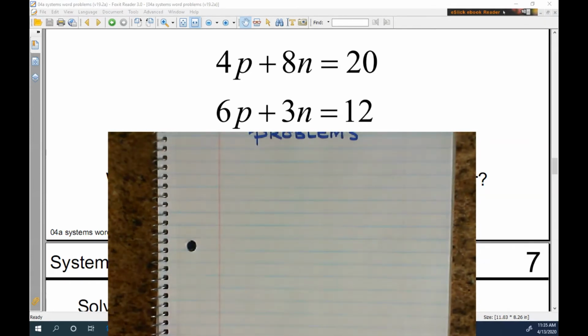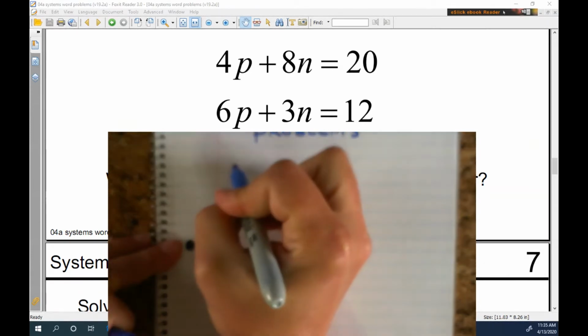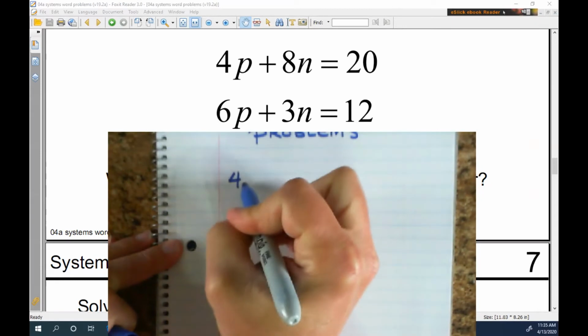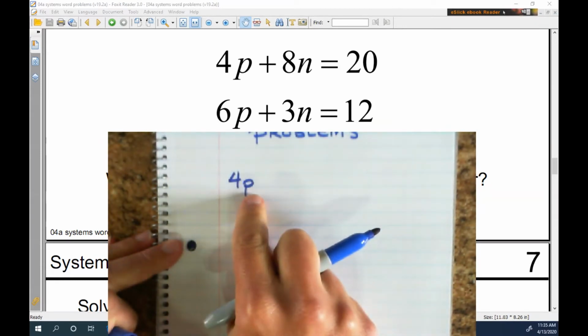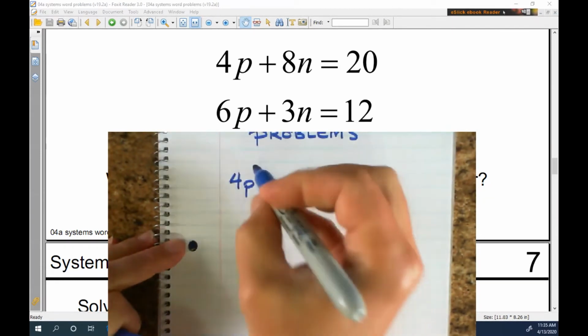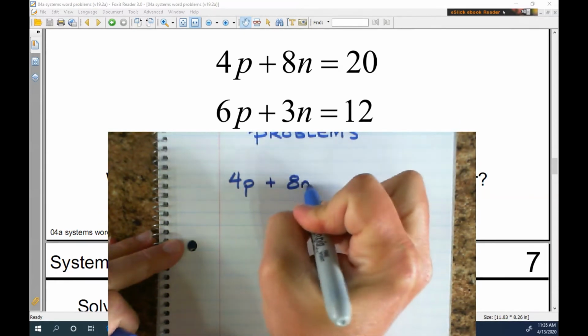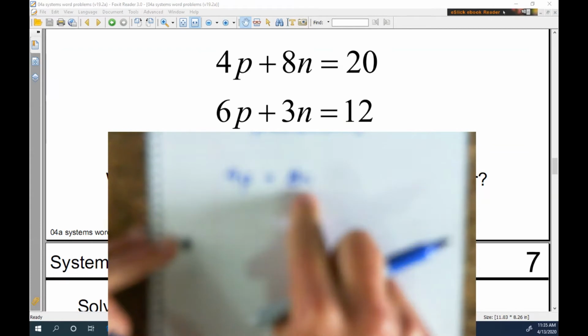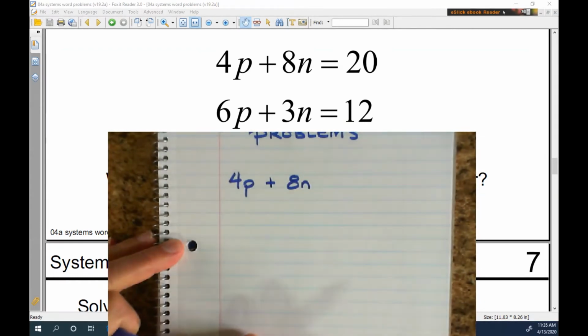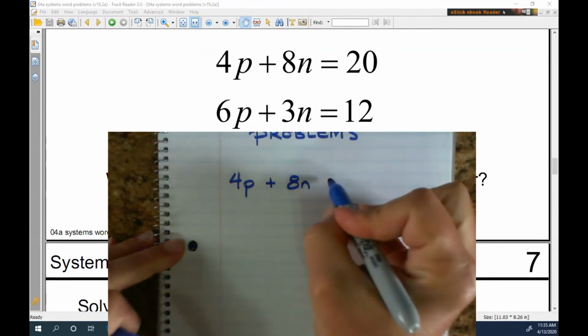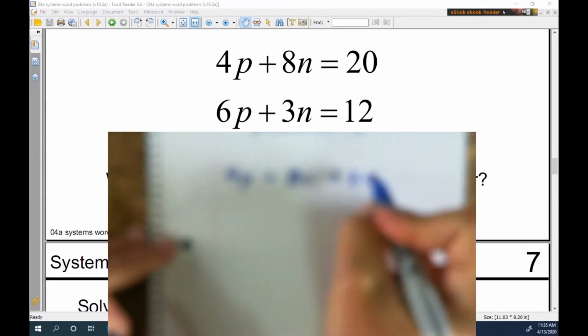So what I have is I buy 4 pencils where P is the price of the pencils, plus 8 notebooks where N is the cost of the notebooks, and that equals $20.